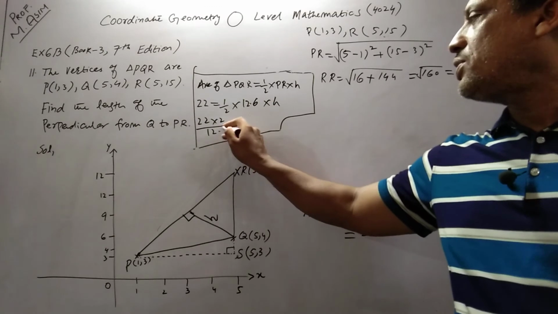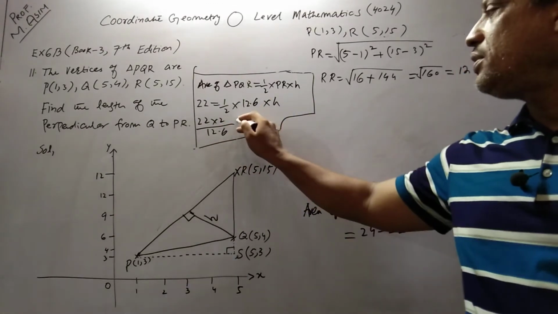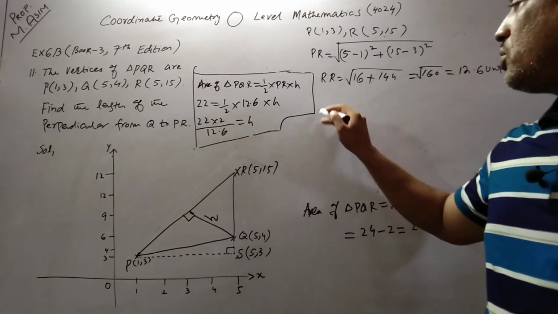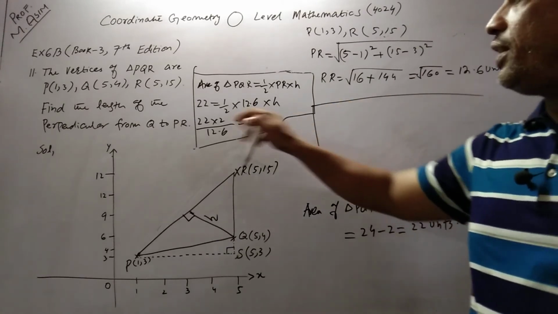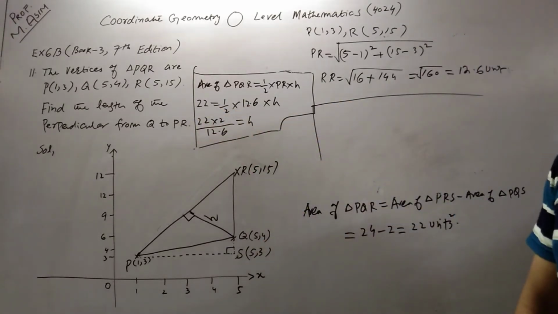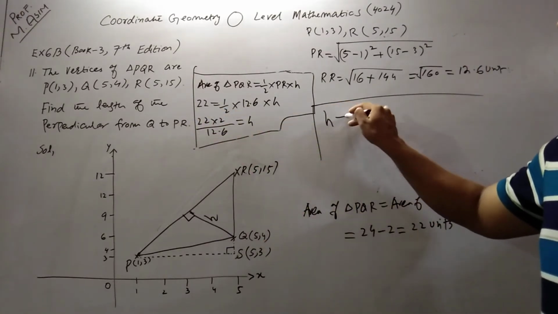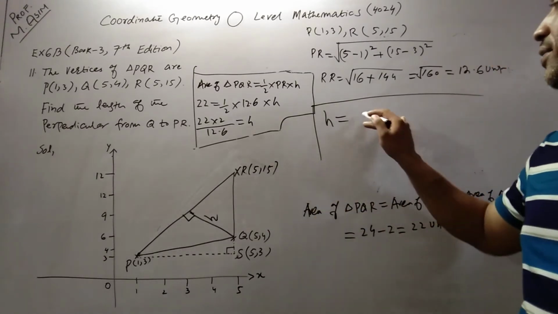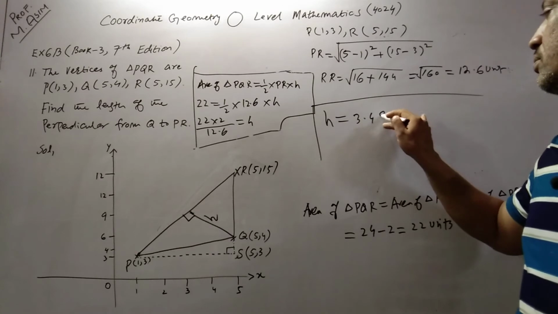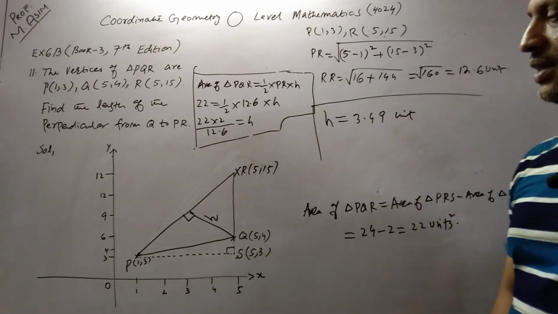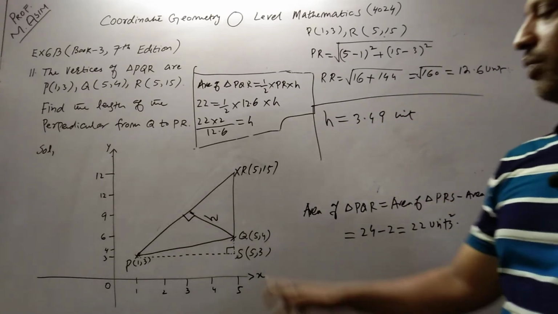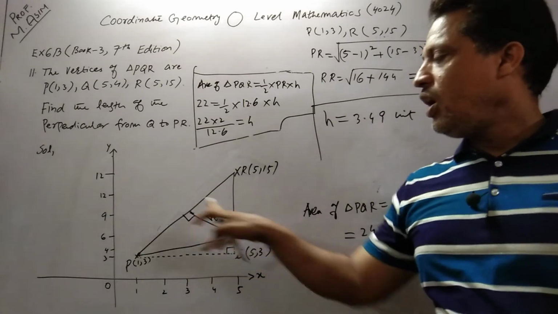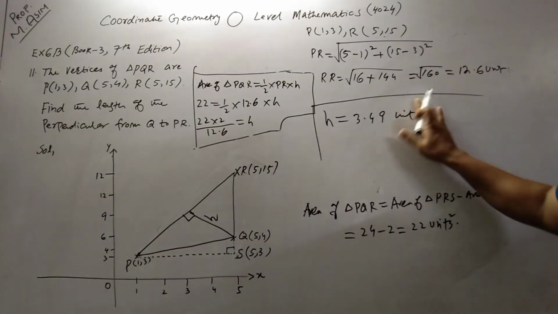This 12.6 should divide because it's multiplied, equal to H. So after calculating 22 multiplied by 2 divided by 12.6, you will get the value of H as 3.49. And this is the length of the perpendicular from Q to PR. Answer.